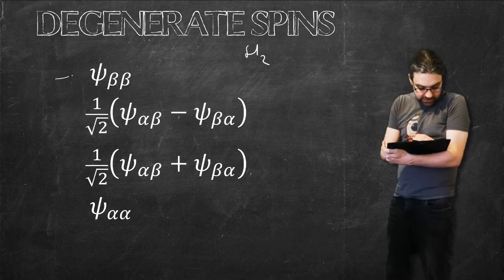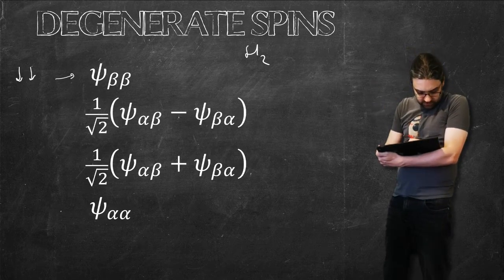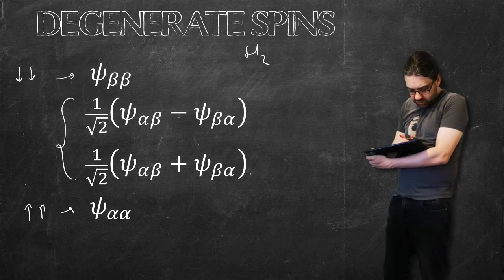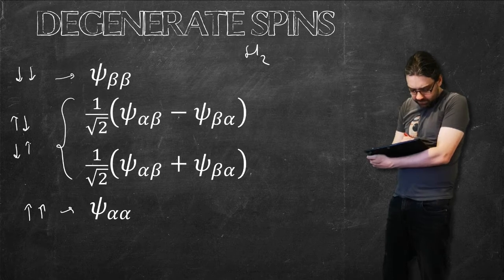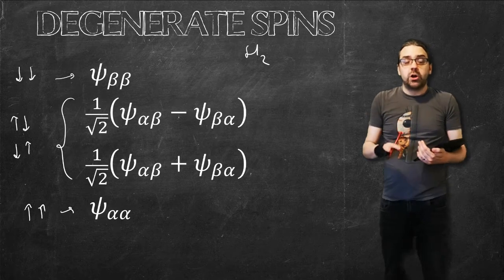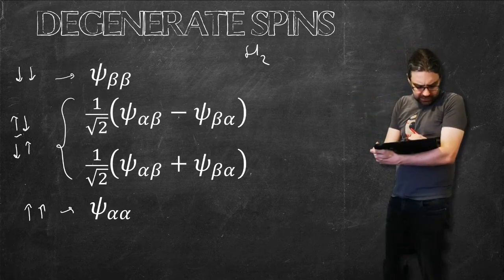We've got one here where they're both pointing down. Okay, that's fine. We've got one here where they're both pointing up. That's fine. The two in the middle are combinations of our up-down and down-up states. That's really hard to visualize in this method. How do you actually add these together?